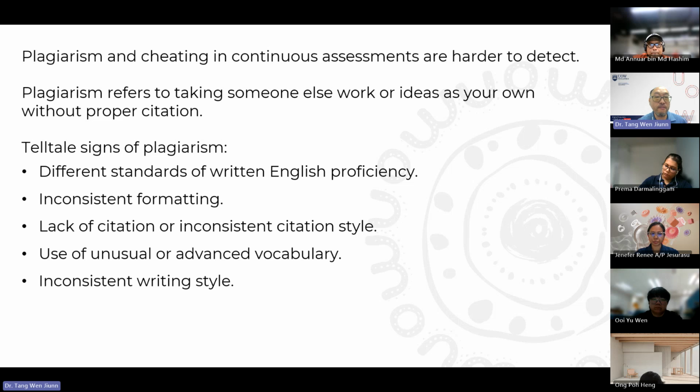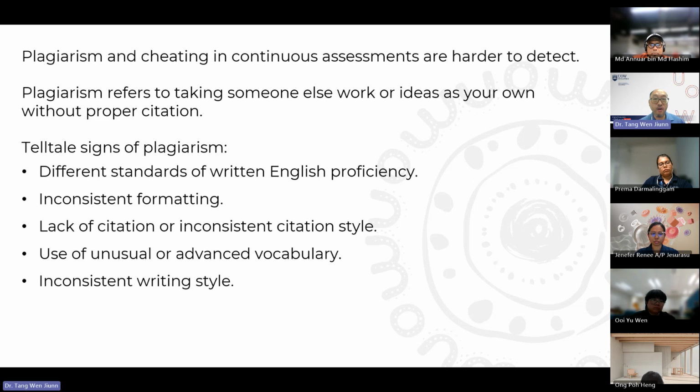So we have to put in even more effort to make sure those are their own efforts and not plagiarized answers. To start with, normally when we read the answers, we can tell whether it is a genuine answer by them, or a plagiarized answer or one generated by ChatGPT.